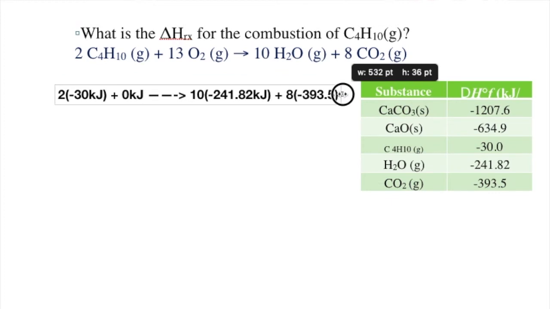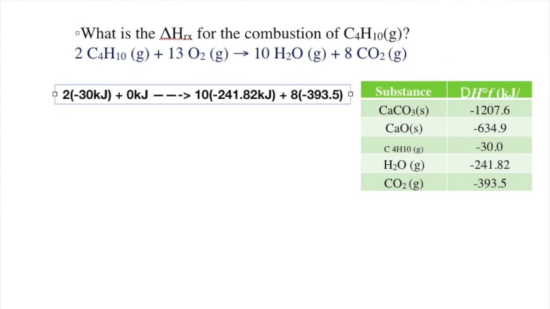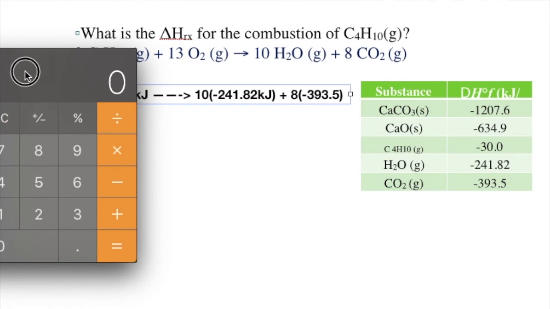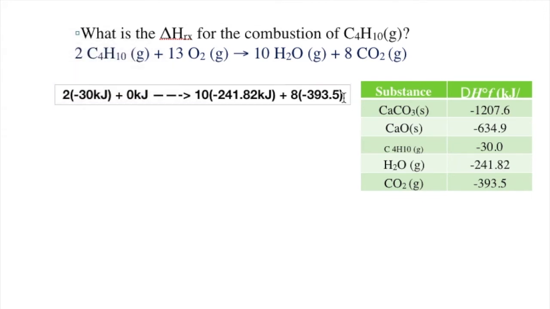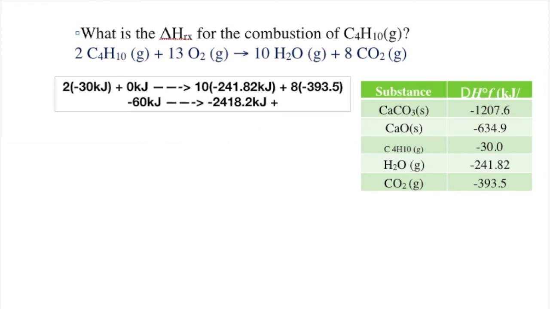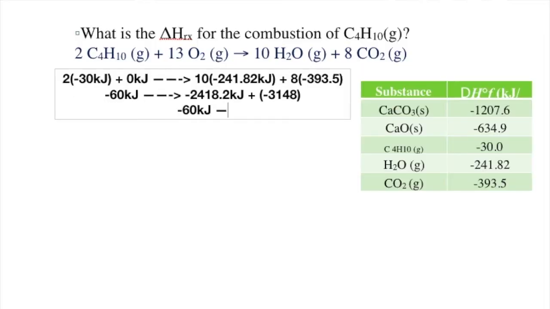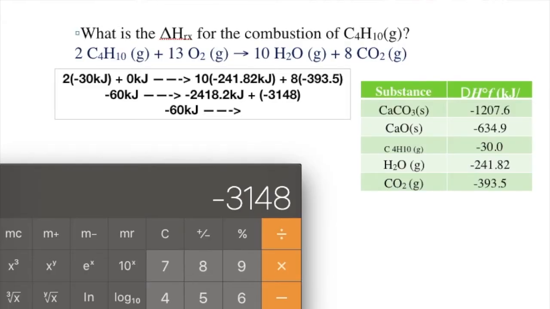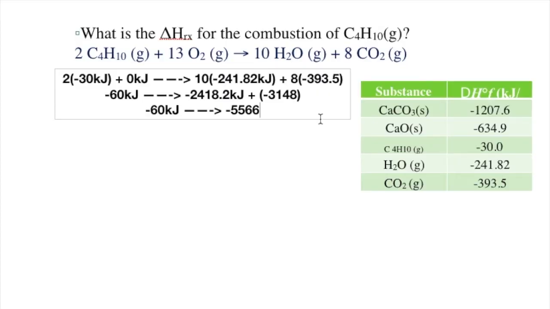I'm going to multiply the 13 moles of oxygen times the heat of formation. I'm going to multiply the 10 moles of water times the heat of formation. And I'm going to multiply the 8 moles of carbon dioxide times the heat of formation. Once I get all those numbers, I add them up on both sides of the arrow, and then I'm going to subtract them. So this is the hardest it's going to get, okay?